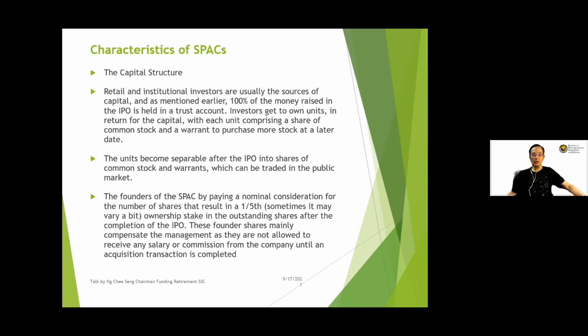And 100% of the money raised in the IPO is held in the trust account. Investors get to own units. For every $10 you own one unit, and each unit comprises a share of common stock and a warrant to purchase more stock at a later stage.